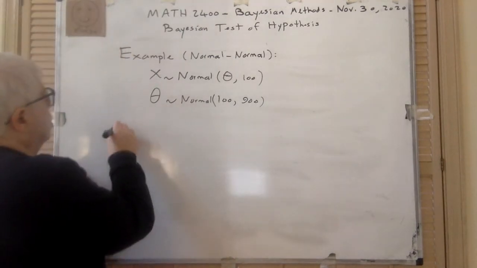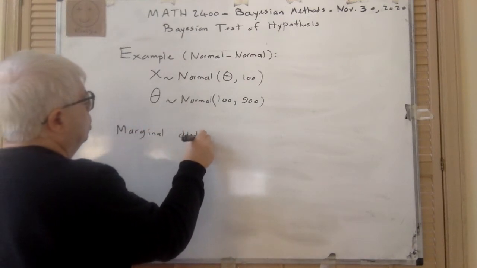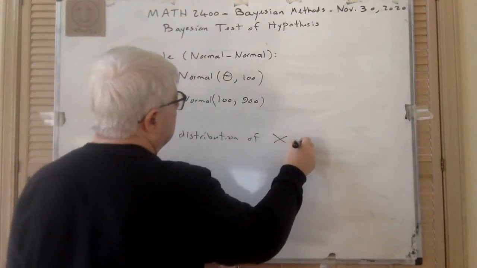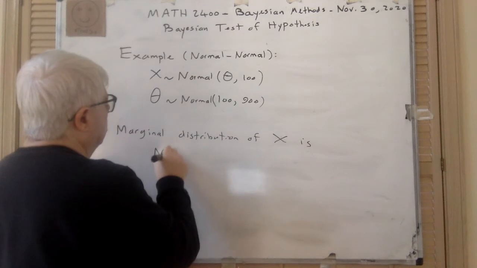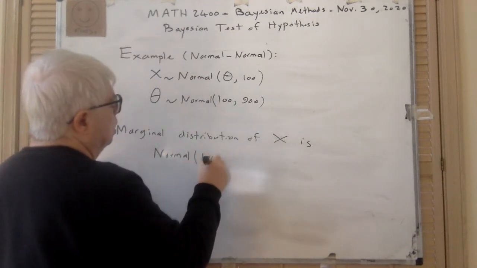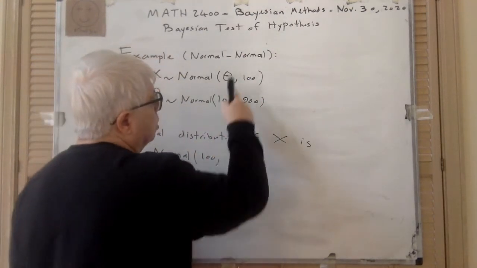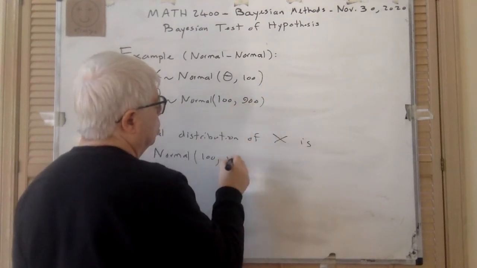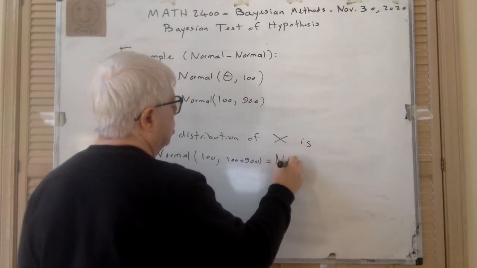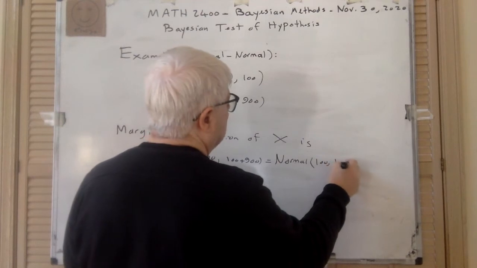So the marginal distribution of x is normal, remember, with mu being this thing, and its variance is this one plus this one, so 100 plus 900. So basically it is normal, 100 and 1000.